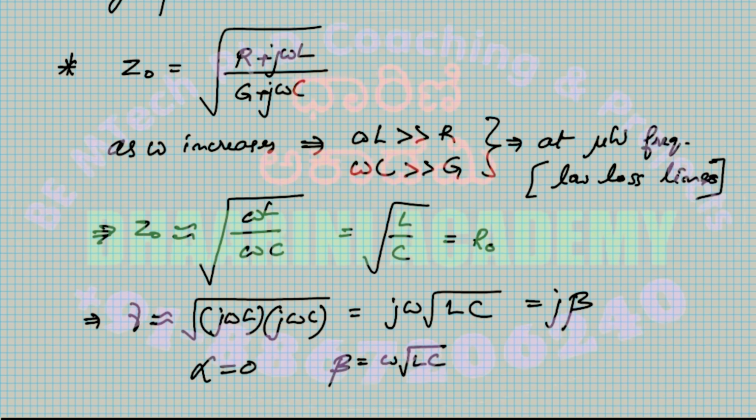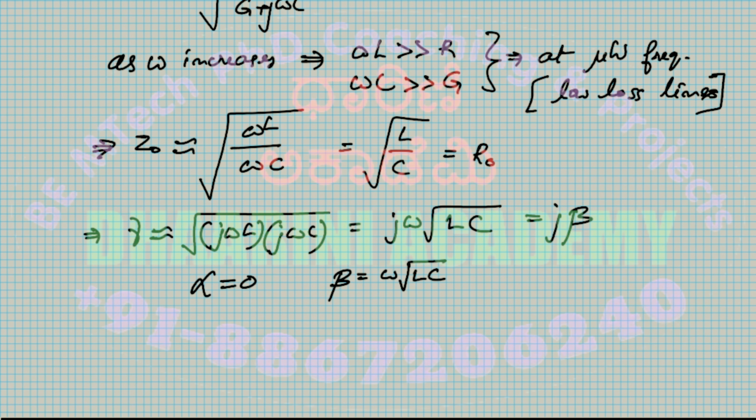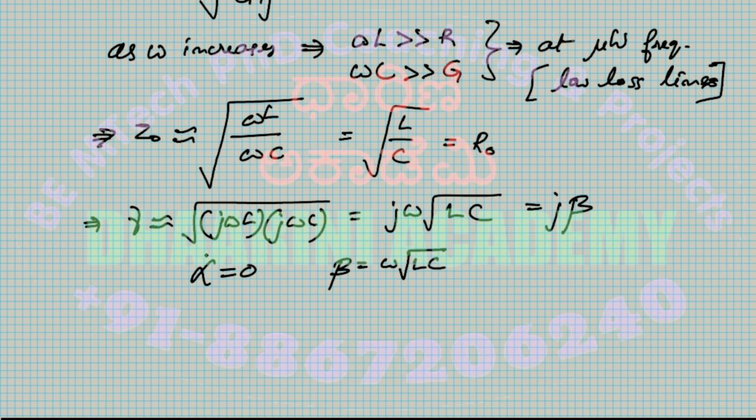This is another reason why we wrote another equation earlier. Anyway, this is clear, right? There is no alpha, no attenuation, only beta. Let's do this from the beta equation. I'll write what is omega by beta.